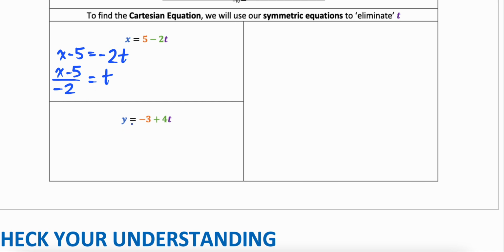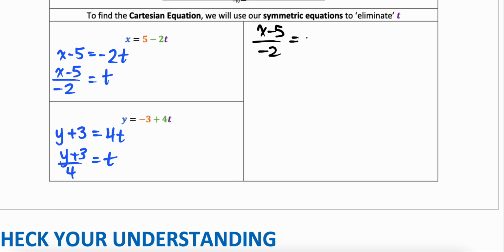I'm going to do the same thing with the y part of that parametric equation. So y this time plus 3 is equal to 4t, and then I'm going to divide both sides by 4 to get t by itself. So what this says now is that the t for the x part should also equal the t for the y part. So x minus 5 divided by -2 is equal to y plus 3 divided by 4.